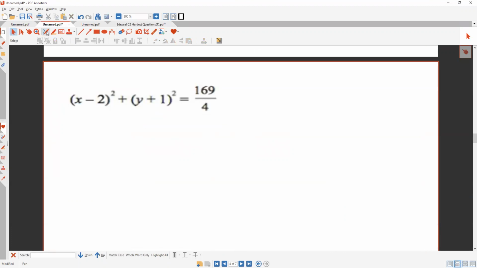If I give 8 over there, it's going to be (8 minus 2), that is 6 squared, plus (y plus 1) whole squared, and this will be equal to 169/4.